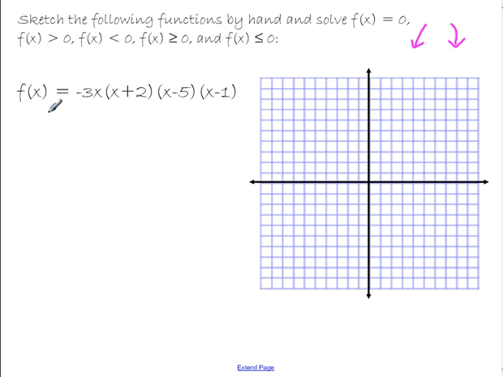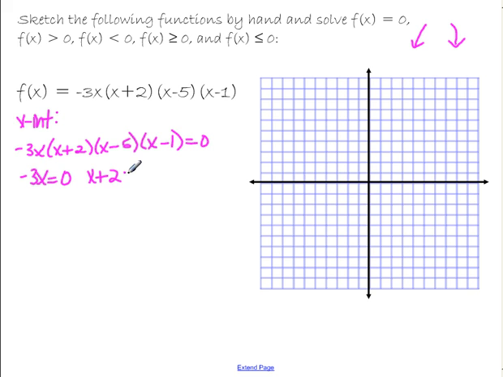So what we want to find is first the x-intercepts, and that is where -3x times x plus 2 times x minus 5 times x minus 1 is equal to 0. And that is found by setting each of these factors to 0. So that occurs at x is equal to 0, right?